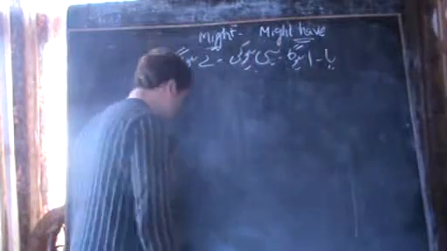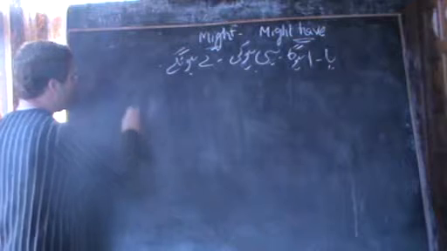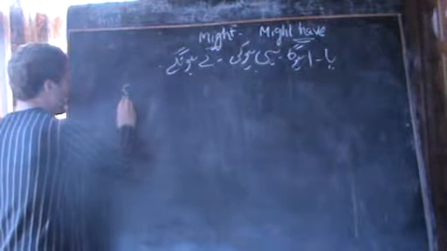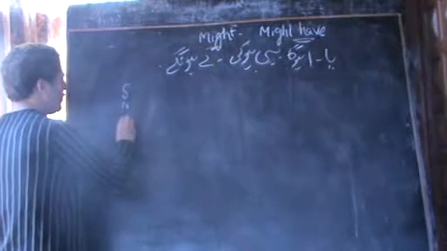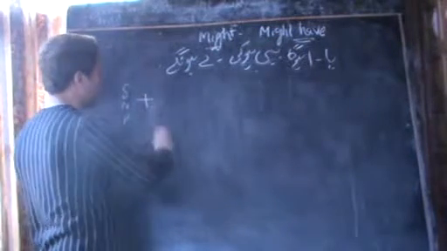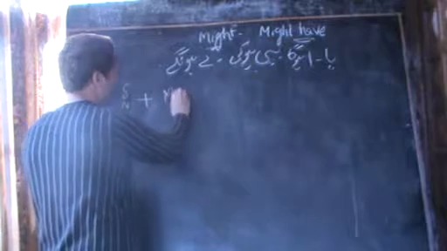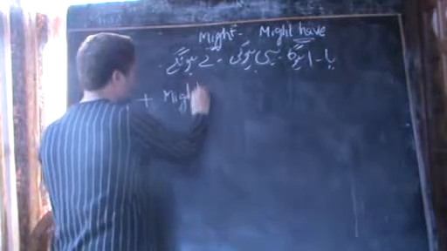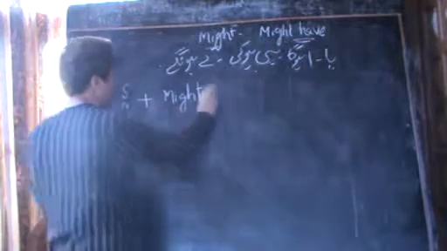Here I will write the formula. Subject, noun or pronoun or demonstrative pronoun, whatever is there. Then you have to use might have when you translate into English.